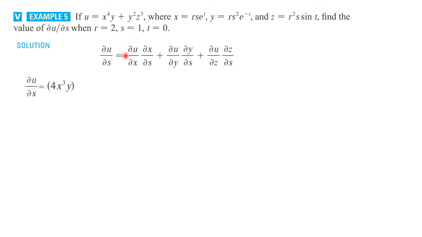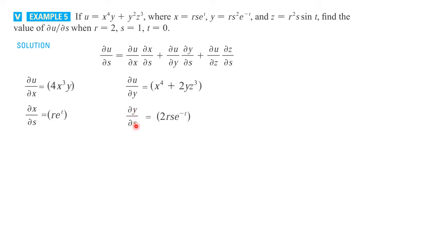So we start from the first one, partial u over partial x. Differentiate u with respect to x, we will get 4x cube y. Differentiate x with respect to s, we will get r e to the power t. Partial u over partial y, we will get x to the power 4 plus 2yz cube.